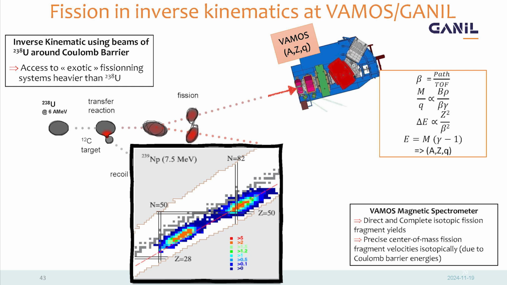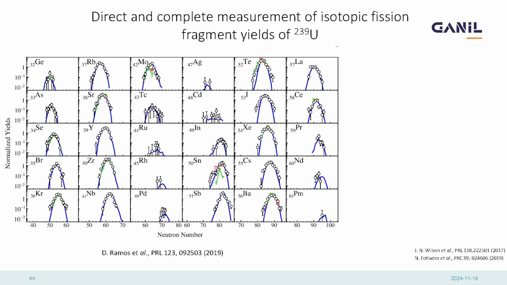But thanks to the large acceptance of the spectrometer, we have ways to select center-of-mass angles, and we are able to have non-biased fission yields. And this is what we can get, for example, in this case of neptunium at 7.5 MeV measured by SPIDER. Okay, so let's go one more step.